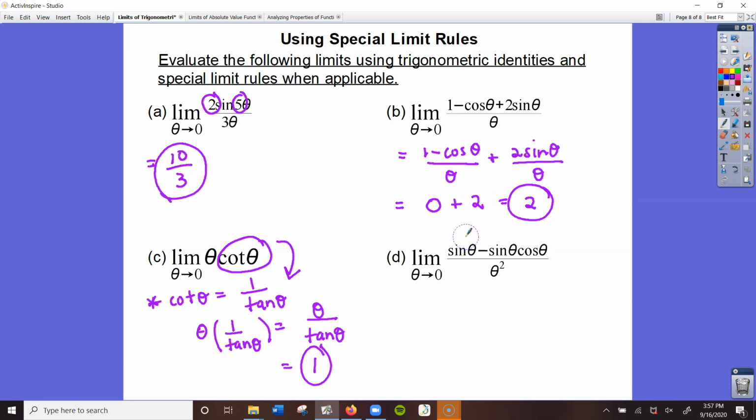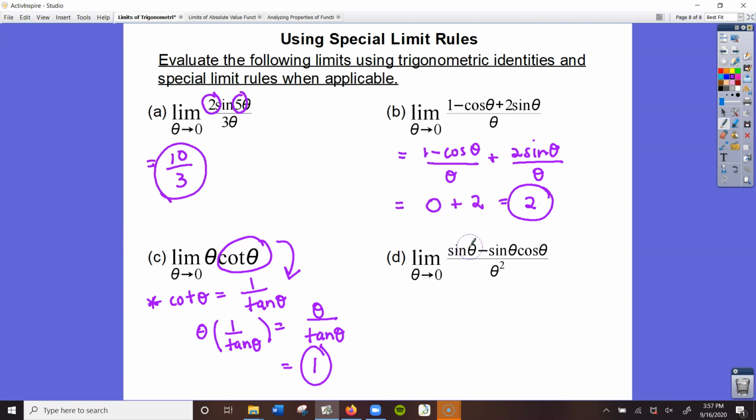Now this last one looks a little bit more complicated. I can see that none of this really resembles my special limits, but I'm not quite sure. So I'm just going to see what I can do. A lot of working with trigonometric identities is sort of playing around with them and seeing how you can rewrite it so it looks familiar. Eventually, when you do this enough, you do pick up on patterns.